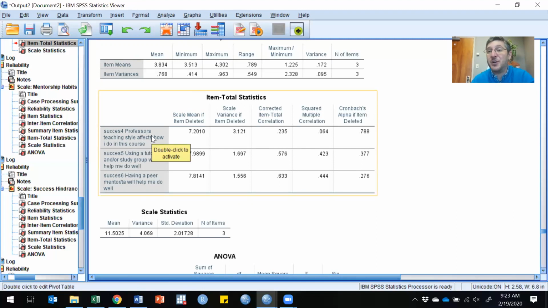It had a weak factor loading, like what was it, 0.34, 0.35, and it also has a weak correlation with the scale without the item in it, especially compared to the other correlations of the other items. That big increase in the alpha might convince me to go with a 2-item scale in this case.